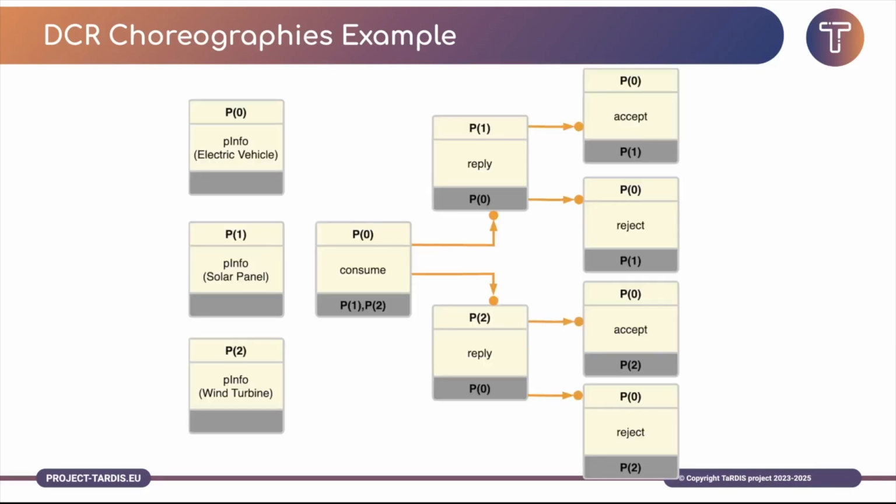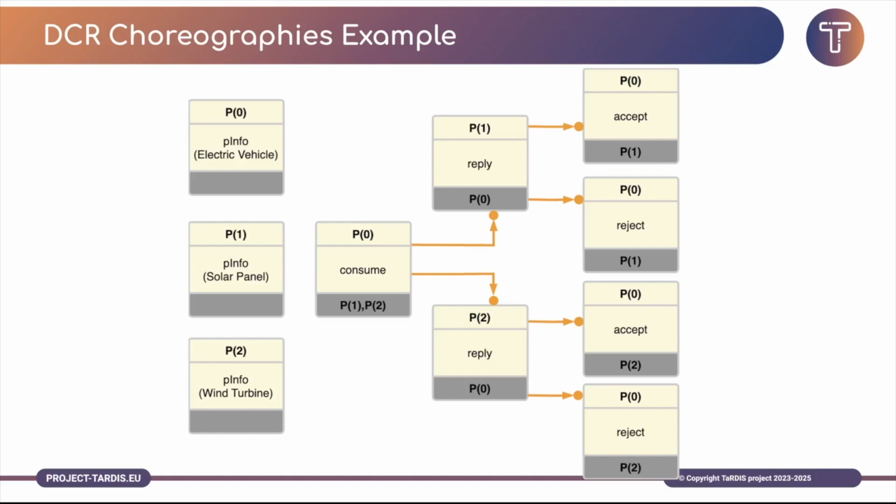The DCR choreography that specifies this example is the one in this slide. What we have here is a depiction of a series of events. Events are the basis for DCR choreographies.